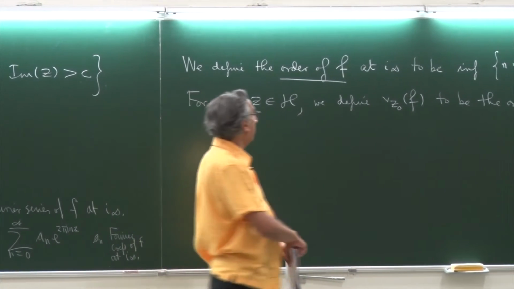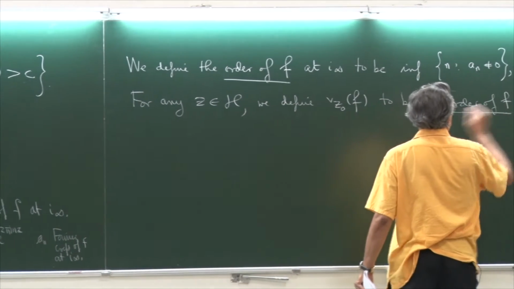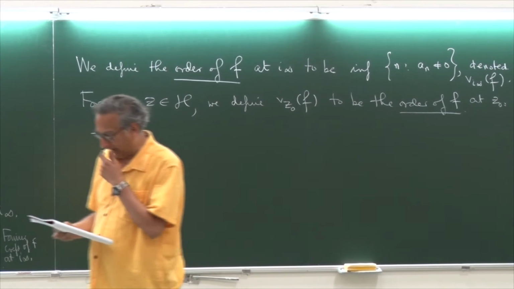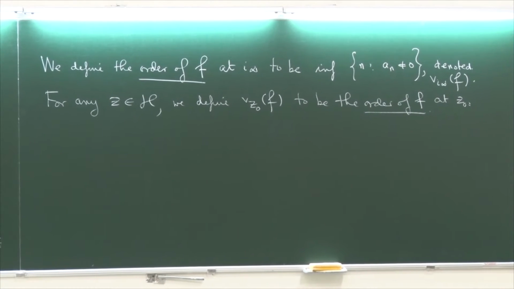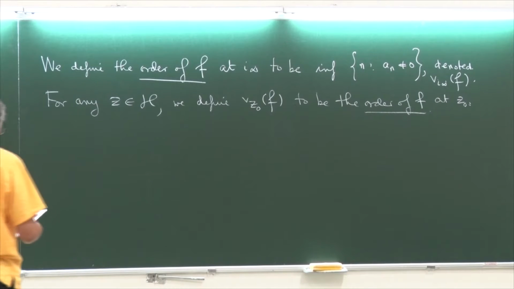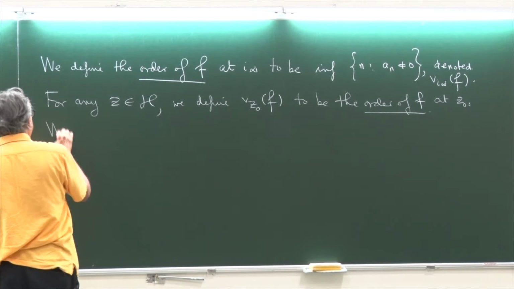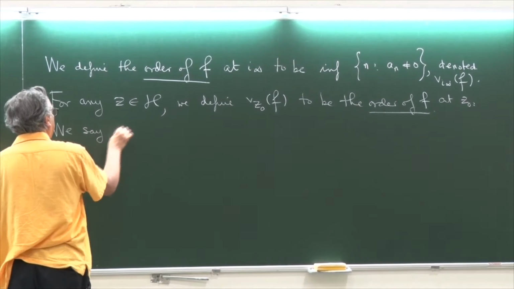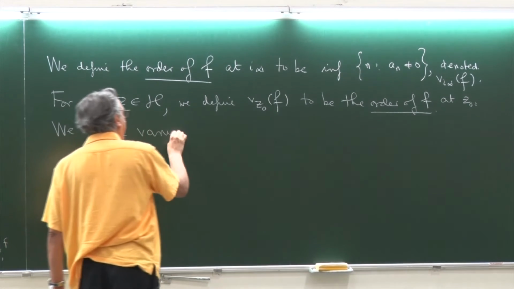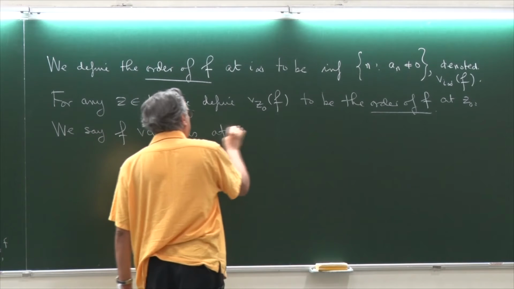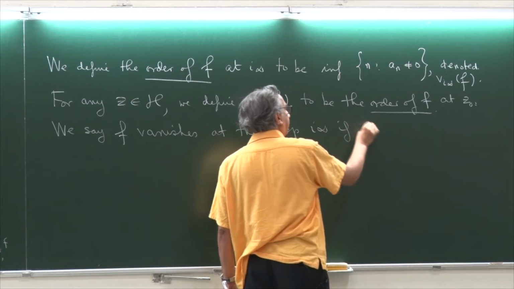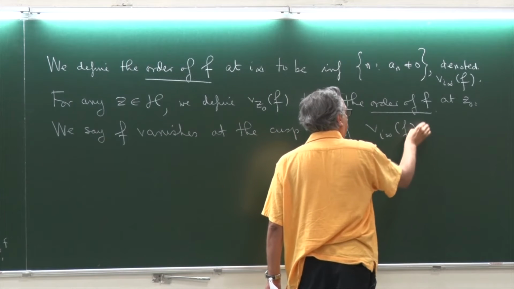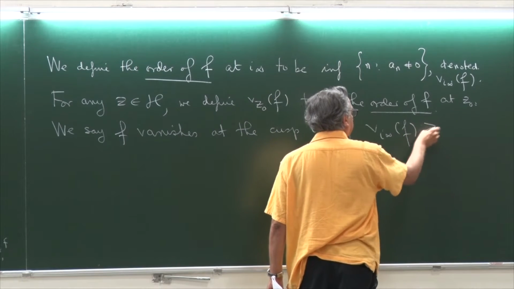That's all I'm saying. So this is the order of f at z naught. So for all the points now, we've managed to define the concept of order for any point in the extended upper half plane. So we say that f vanishes at the cusp infinity if v_infinity of f is bigger than or equal to 1.